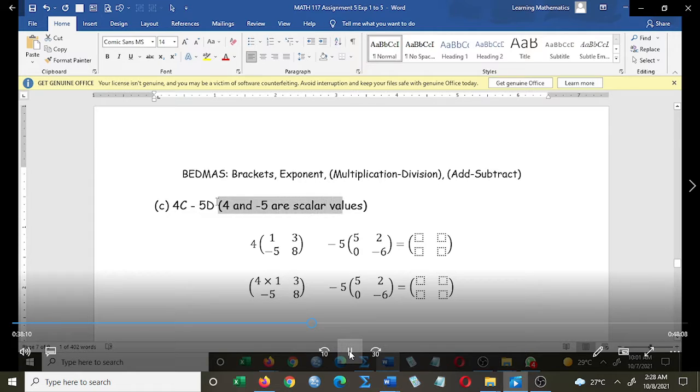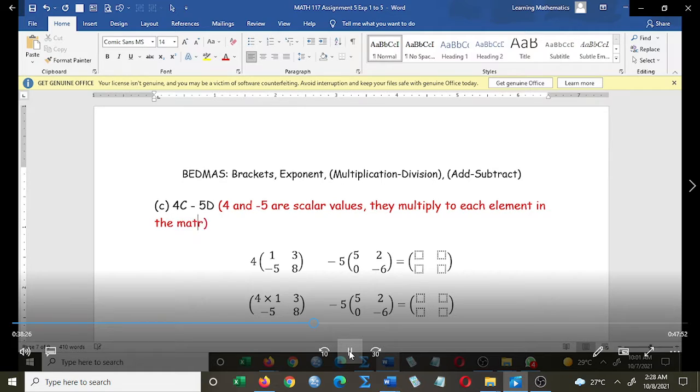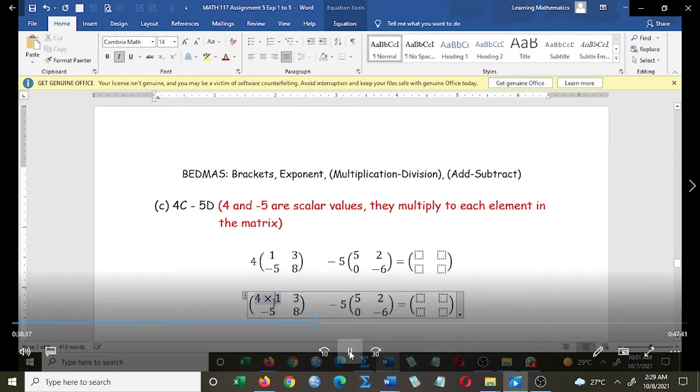Please take note of that. They multiply to each element in the matrix. So please bear that in mind. Do we all agree why I'm doing 4 times 1? Yes. All right, so bear that in mind.